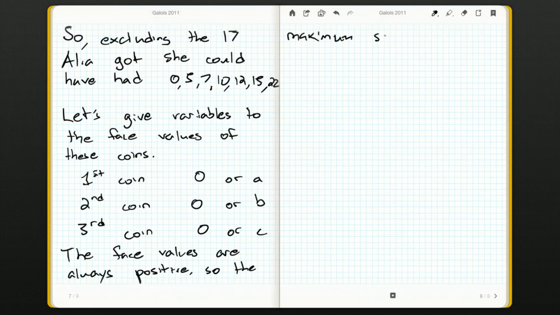So the maximum score is given when no zeros flip up.